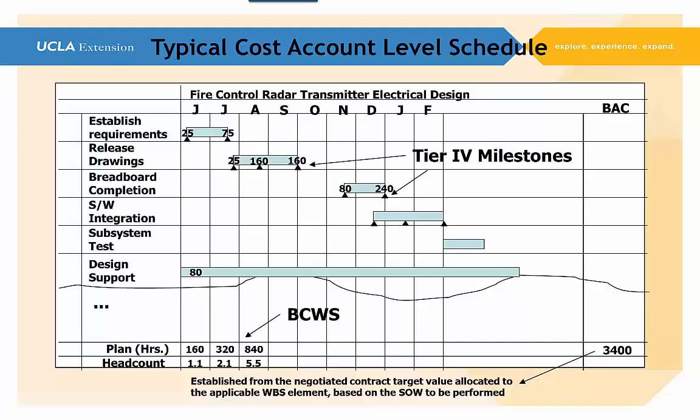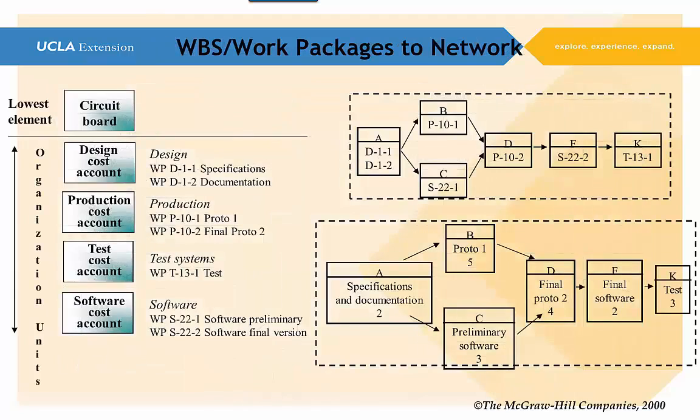We can use our cost accounts as a high-level schedule that gives us some idea of where the focus is during those particular periods of time, where the weight is, where the mass center of the project is, where the most money is being spent. And these types of schedules are helpful in providing that kind of visibility.